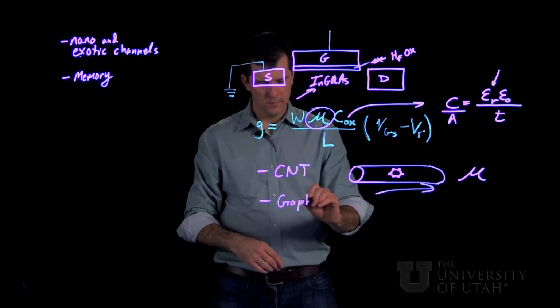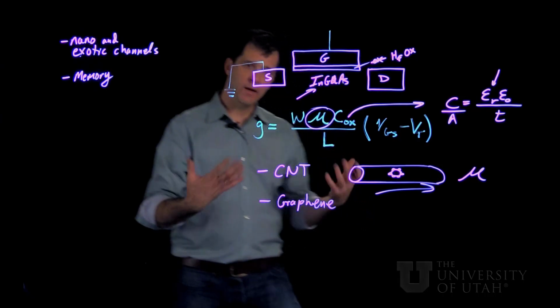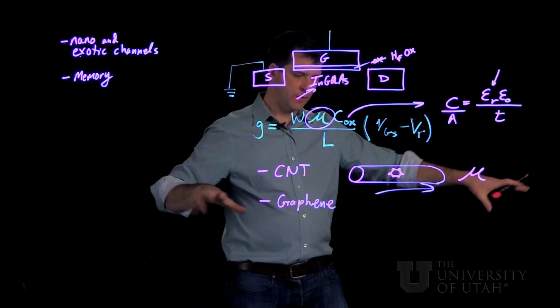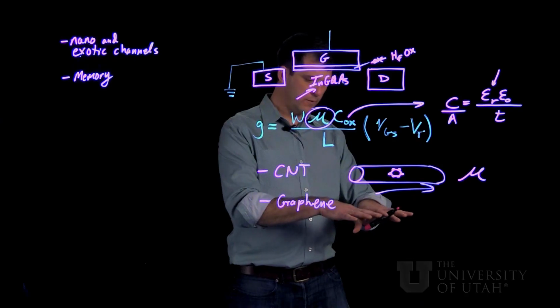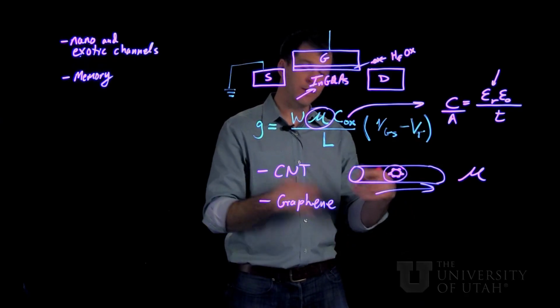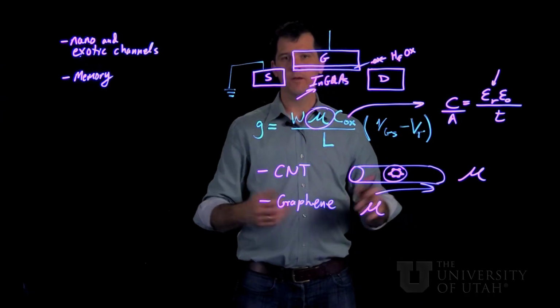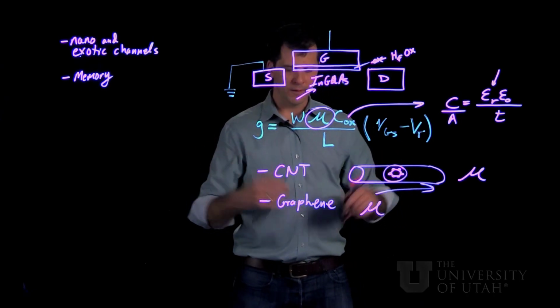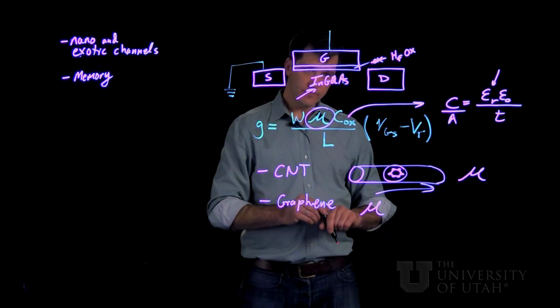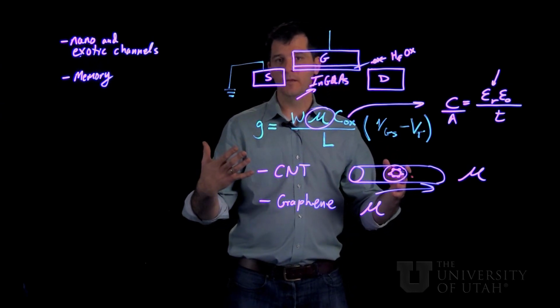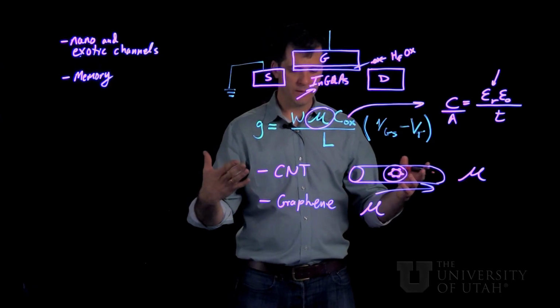So graphene is a form of carbon sort of like an infinite sheet of carbon with the structure in plane defined by these hexagonal rings again. And again, graphene has very high mobility as well as exhibiting some other more exotic physical effects. So you can make very high mobility channel transistors out of graphene.